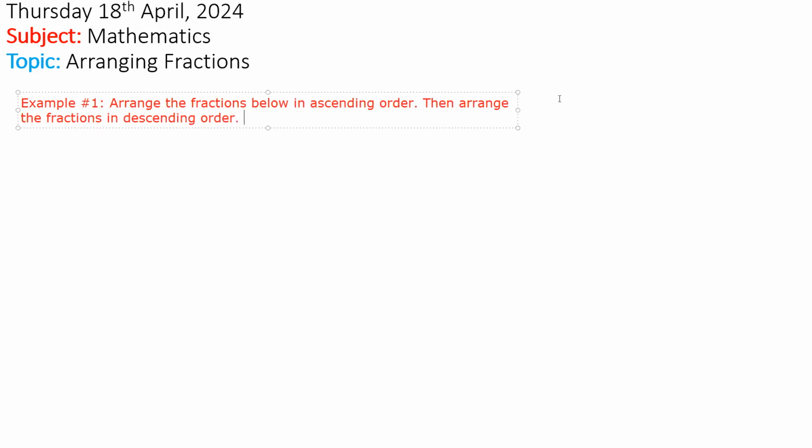So first, they want us to arrange the fractions that they give us in ascending order, and then they want us to arrange them in descending order. Okay. So what fractions are we talking about?